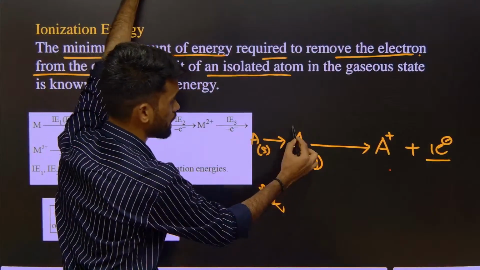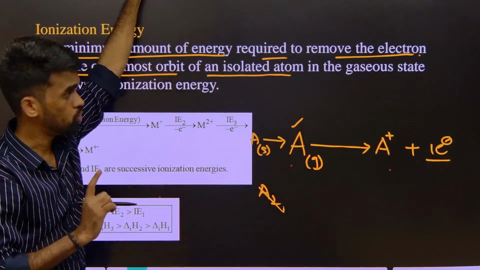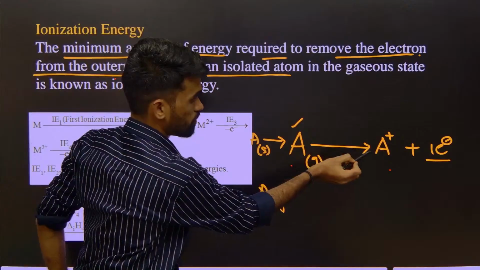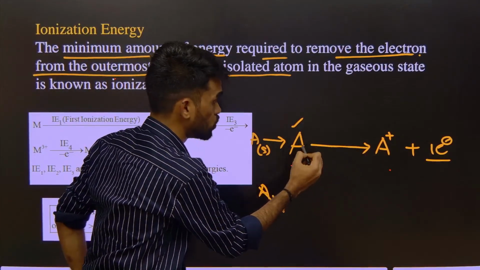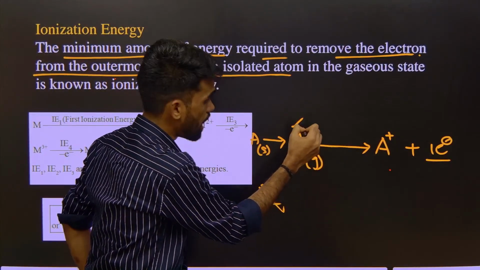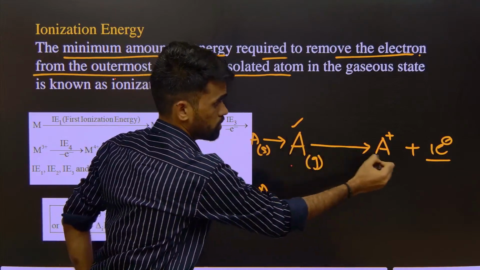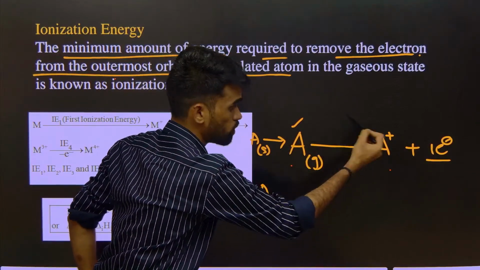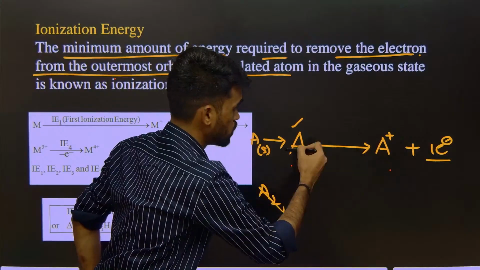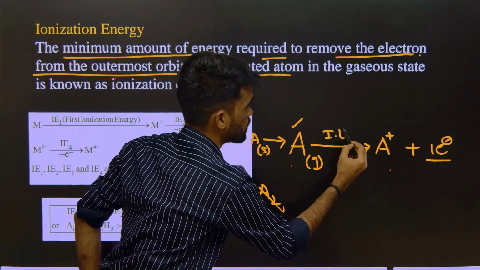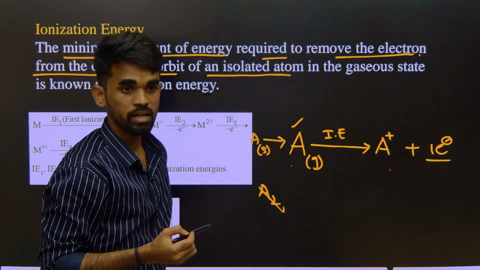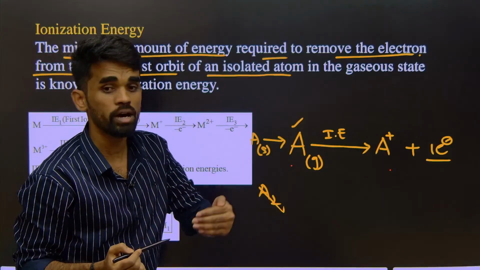It should be a single individual isolated atom. The minimum energy required to remove one electron from a neutral gaseous isolated atom is called ionization energy.